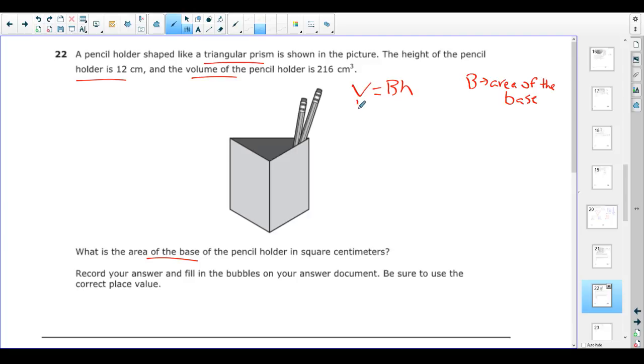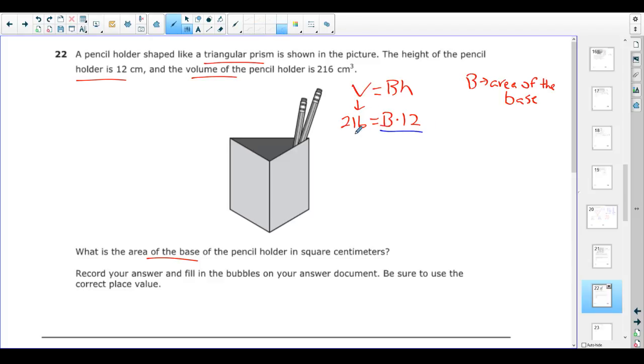So let's say that instead of solving for the volume, the volume is 216. We don't know what the area of the base is, but we do know that the height is 12. And it doesn't even matter that it's a triangle, because it's not asking for a part of the triangle, it's asking for the entire area. So really it's saying what number times 12 is 216. This just becomes an equation we can solve.